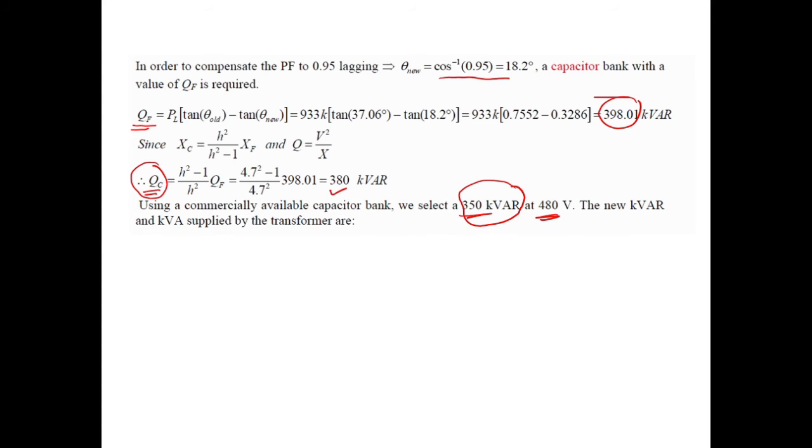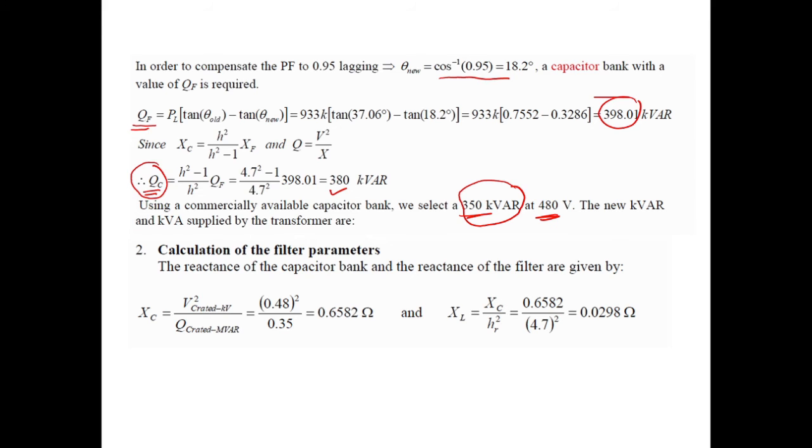And now we are going to do the calculation based on this value of the reactive power that is supposed to be provided by the capacitor, or the size of the capacitor bank. Okay, so to find XC, as we said, it will be V squared divided by Q. And what is the relation between XC and XL?